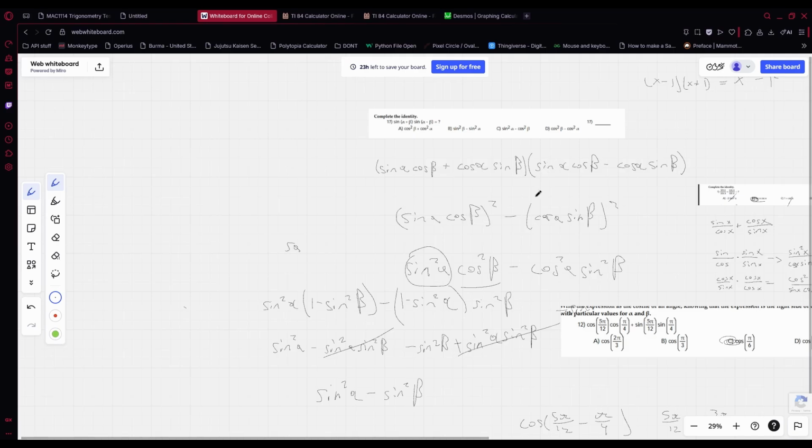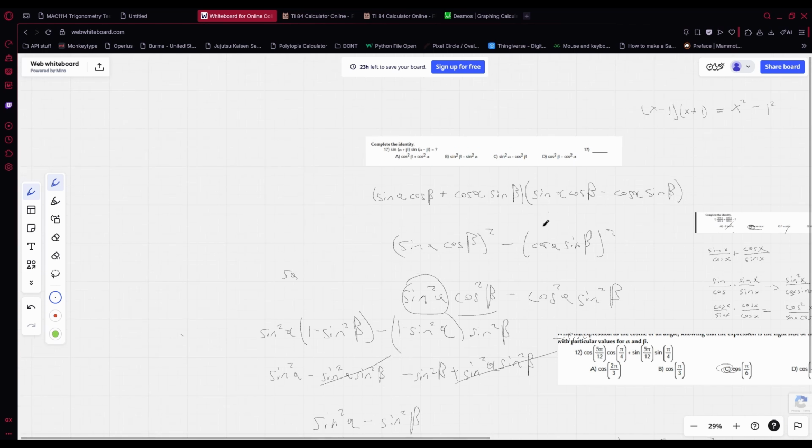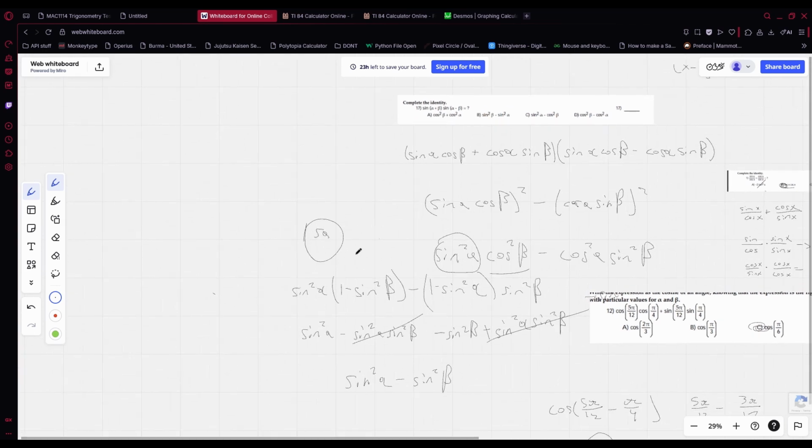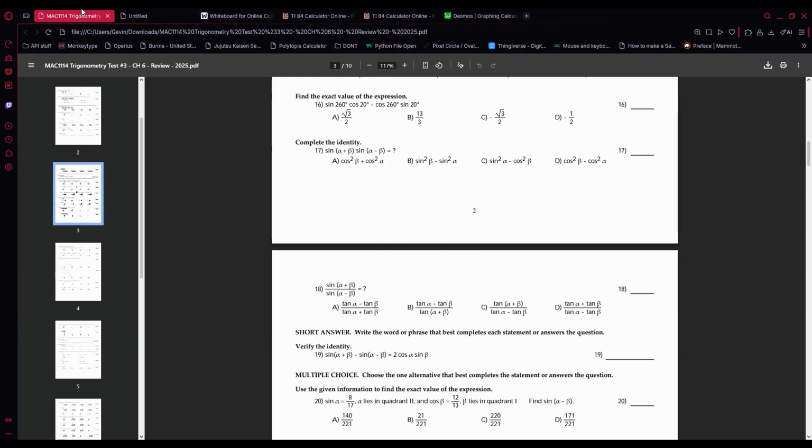Yeah, I definitely would say put this in a calculator if you can. Or you should make them into variables that are easy to write, like SA for sine alpha. It just speeds things along a lot. But you're going to be doing a lot of algebra, and time is going to be your main enemy.